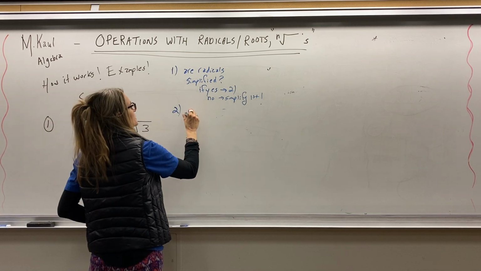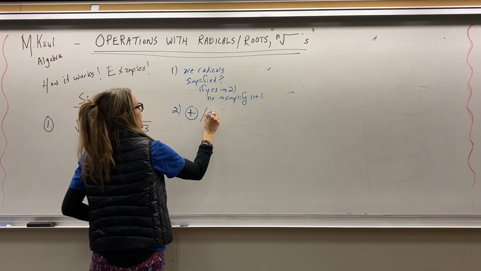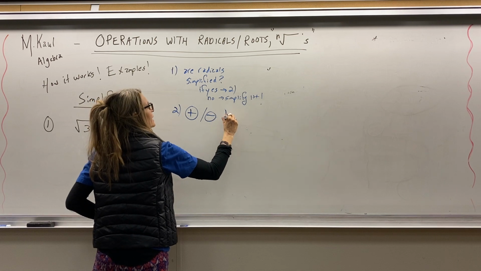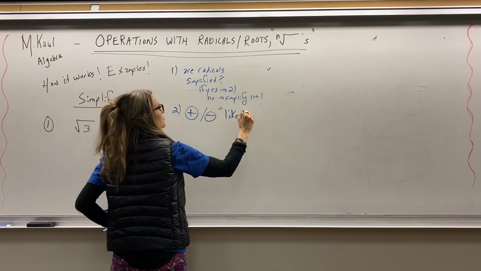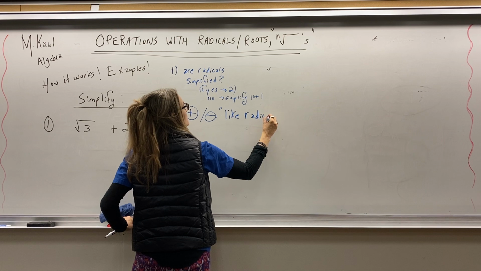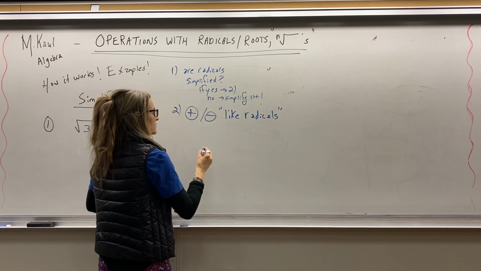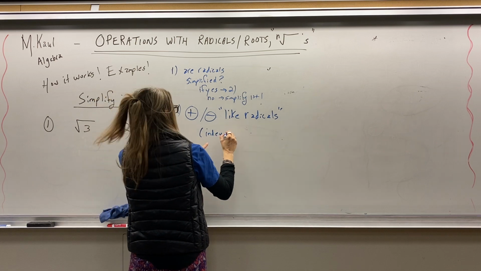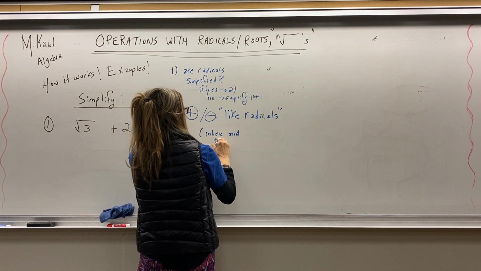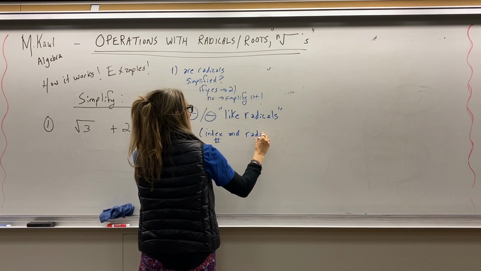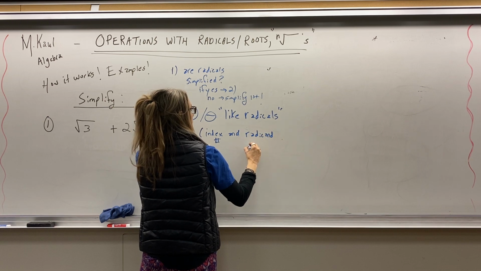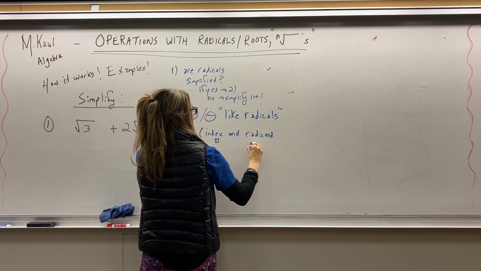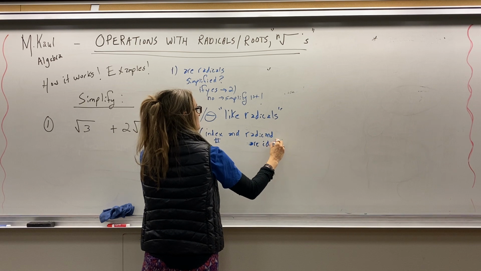So what we want to do next is add or subtract the like, I'll call them like radicals. And like radicals means that the index number and radicand are identical.